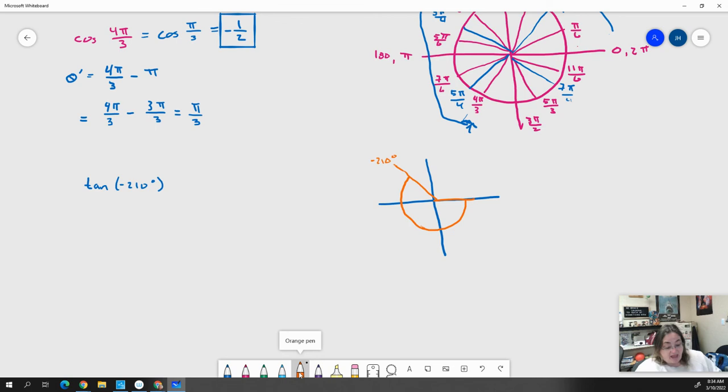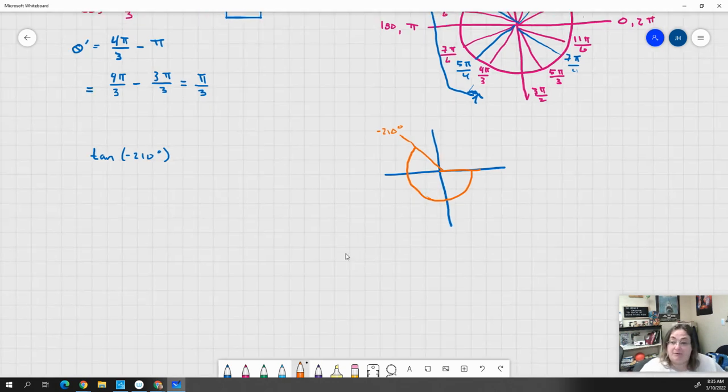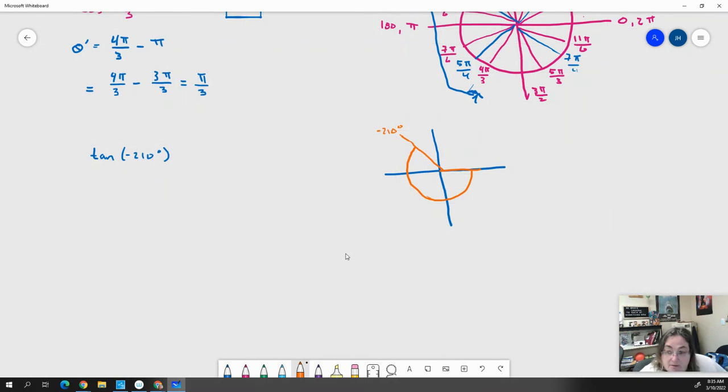We need to know what that is in terms of a positive. We know this direction is negative. We need to figure out what it is in this direction.